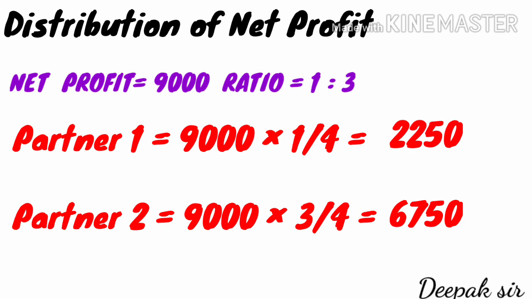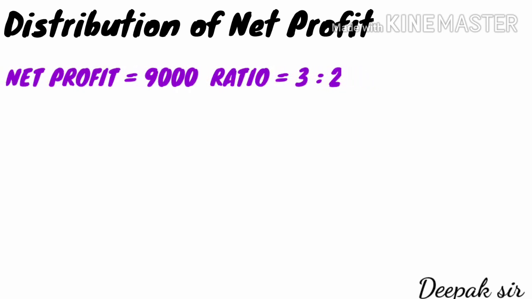Now let us see the third example where we will keep the net profit same, that is 9,000, and ratio, assume that ratio is given 3:2. So again we have to find out how much profit both the partners are going to receive if the ratio is given 3:2.